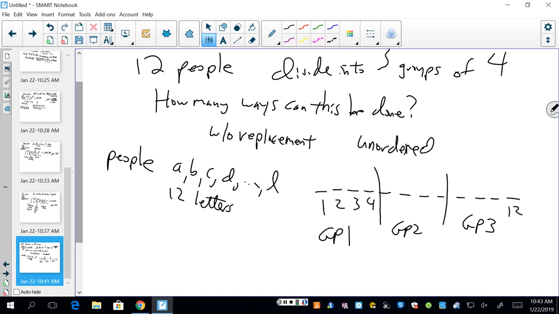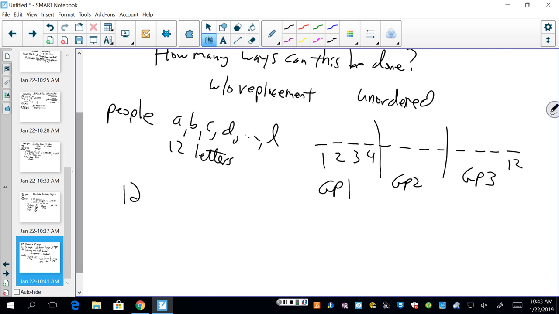If we kept people in order like that, how many possible ways are there of putting the letters A through L down? Factorial. There's 12 choices, times 11, times 10. We're not repeating anybody, so the numbers go down. So there's 12 factorial in order.